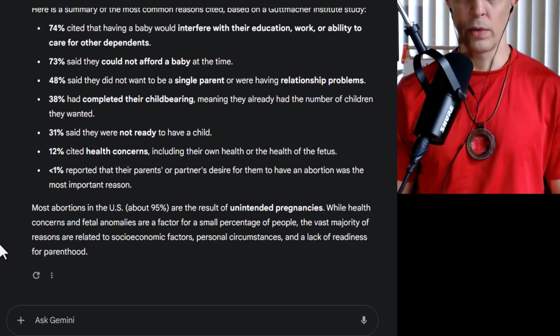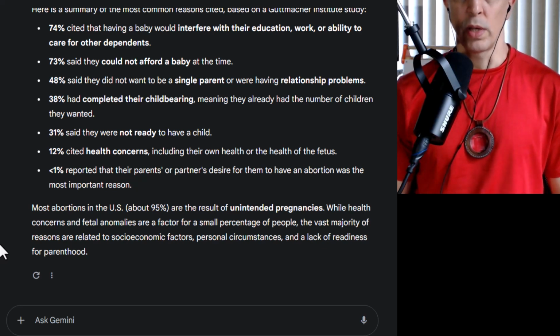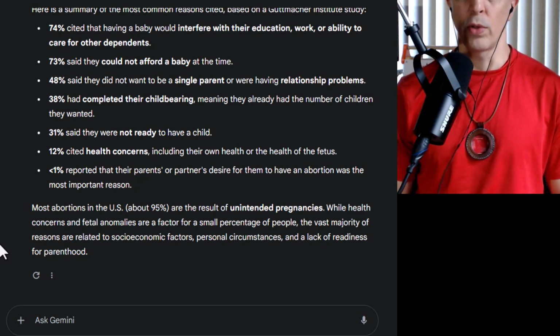So I don't believe that 12% when they say they're concerned about health. Those are the young mothers who are in there that feel really guilty about killing their baby in the womb, so they're giving a reason that makes them not look so bad. They're citing health concerns. Nobody's proving that they have any health conditions or there's any health risk.